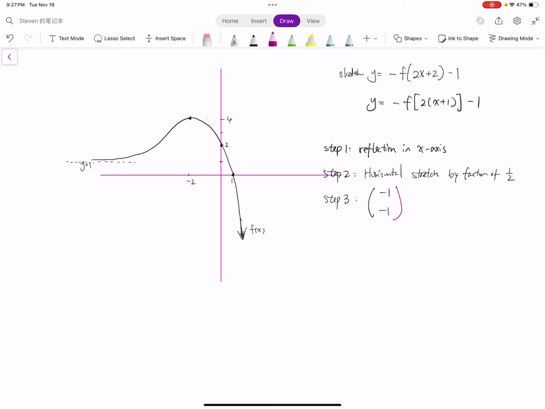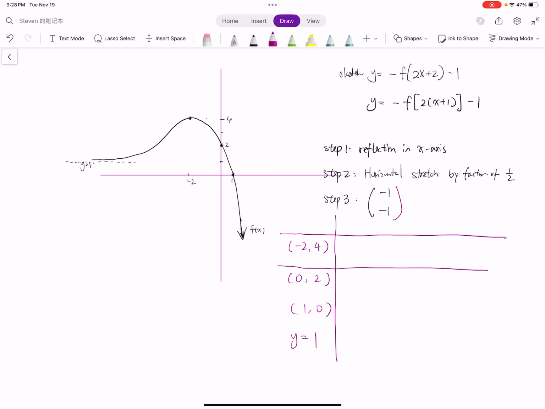The 3 points, (-2, 4), (0, 2), and (1, 0), as well as the line y = 1. And then let's do the steps of transformation. Step 1, step 2, and then step 3. And then we need to graph step 3 later.